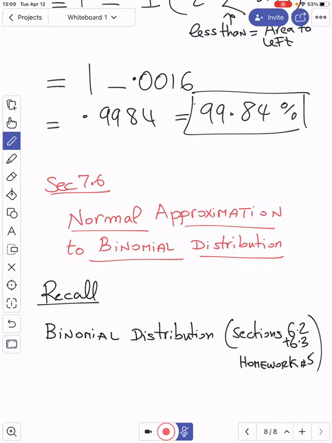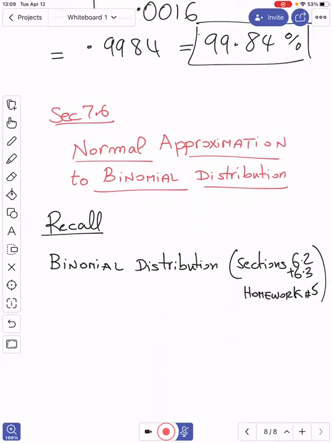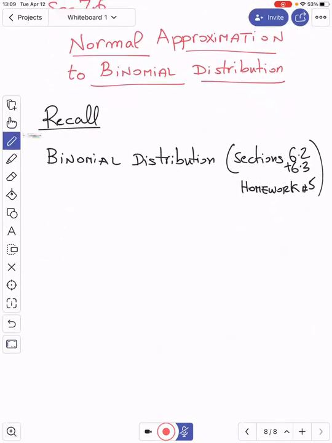I'm going to remind you very quickly what the binomial distribution is. If you spent time solving the homework, then you probably know what I'm talking about.